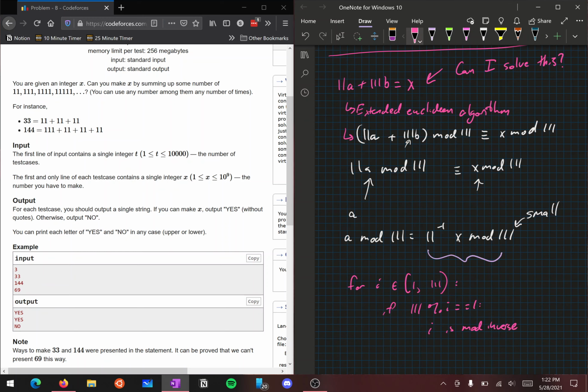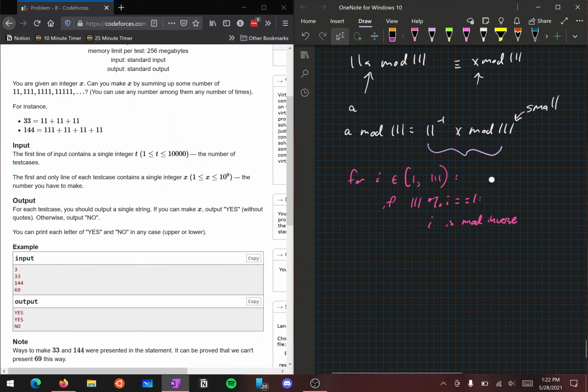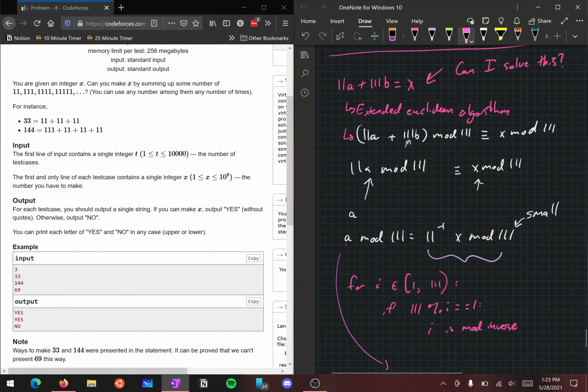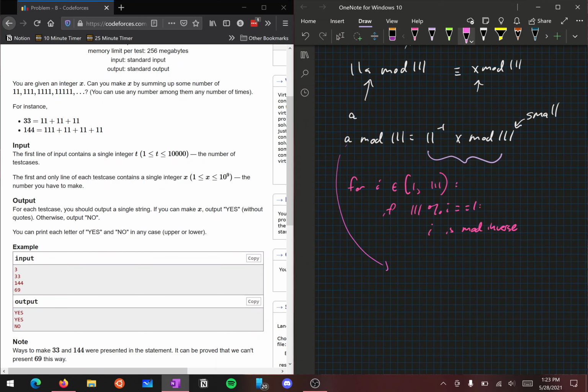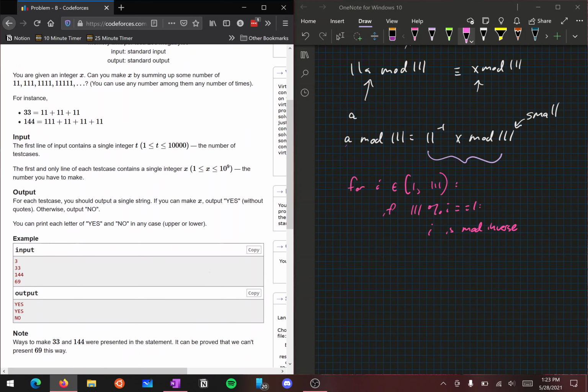From this we can extract this quantity a, and if we get a, that allows us to also get b in the same way. So that's the solution to the problem. In the next video, in the next section, we'll look at the code for it.